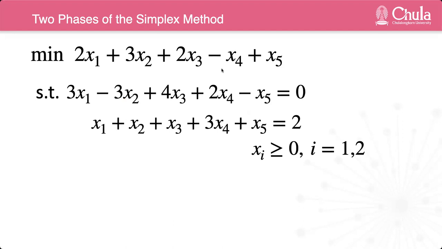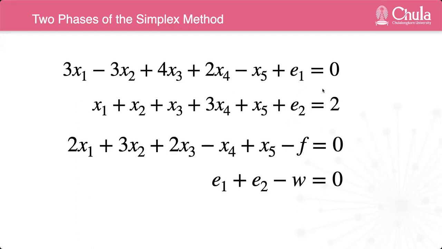So I will explain the algorithm from an example. Consider this problem: minimize 2x1 plus 3x2 plus 2x3 minus x4 plus x5. We have two equality constraints, so we have to add E1 and E2.